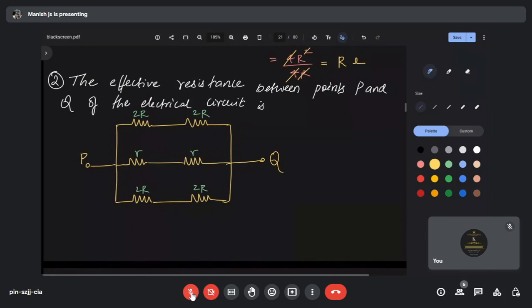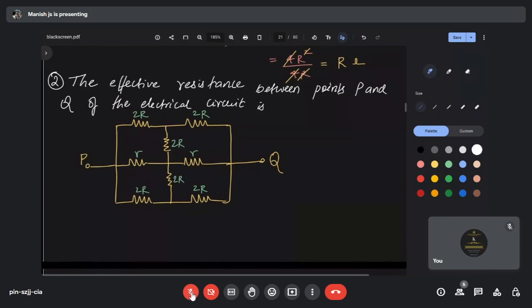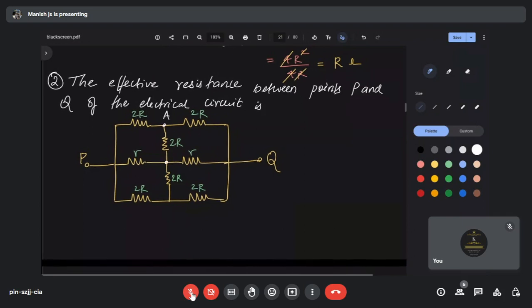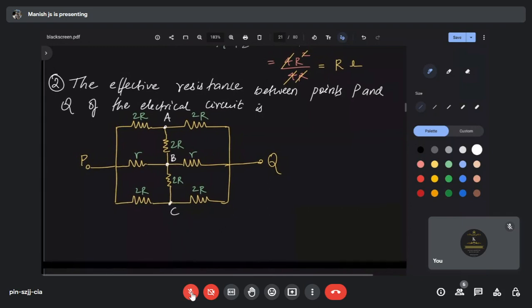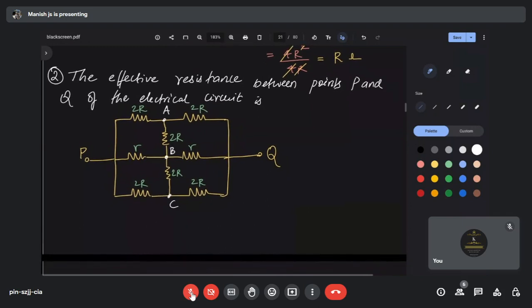The circuit is not yet done. So you have another point also. So this is the circuit.